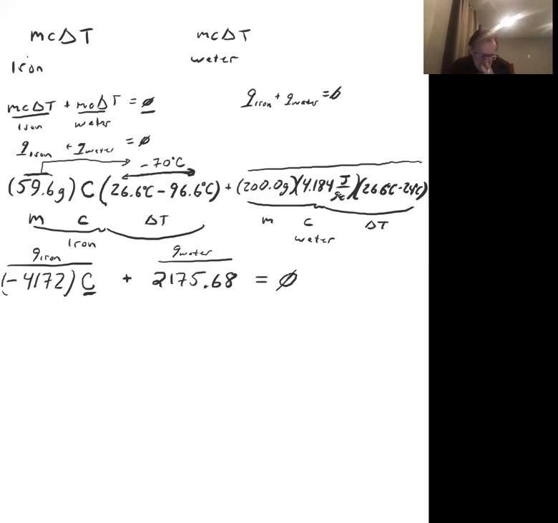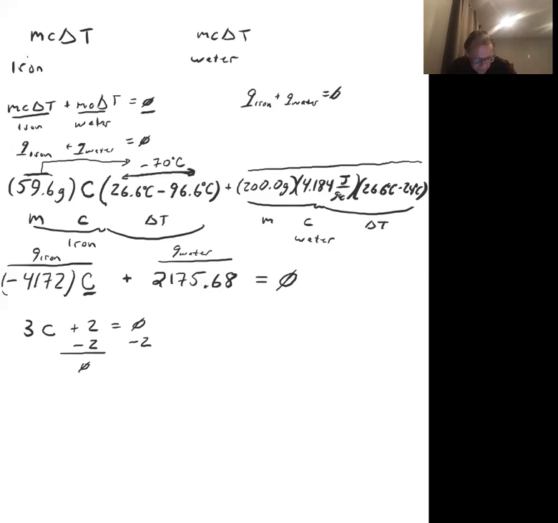Well, there's a couple of things you could do algebraically. Essentially, what you have is a number. So let me make this simple. Suppose I had 3C plus 2 equals 0, just to make the numbers easy. And you wanted to find out what C was. What you would do is you could subtract 2 from both sides. Right? And if you subtract the 2 from both sides, plus 2 minus 2 is 0.